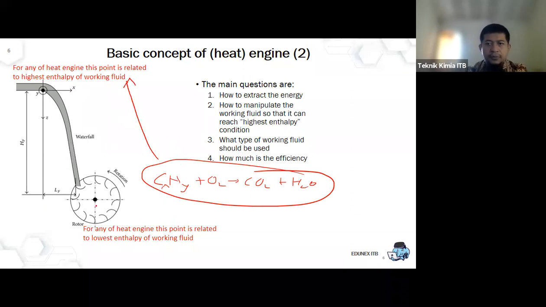Usually, I'm not sure, but usually the volume V of hydrocarbon or fuel compared to the V of the air is quite non-significant. Maybe 5%, something like that. I'm not sure because I just know it through the theory.